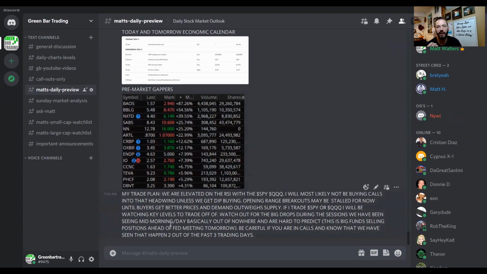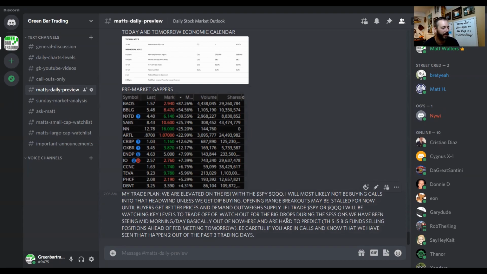And what I was looking at going into today was that we're elevated on the RSI. Everybody knows this. We're definitely extended, but we are in a very bullish market. I don't want to trade against that trend. It's just not good to trade against a bullish market. So going in, like I said, my bias was bearish.